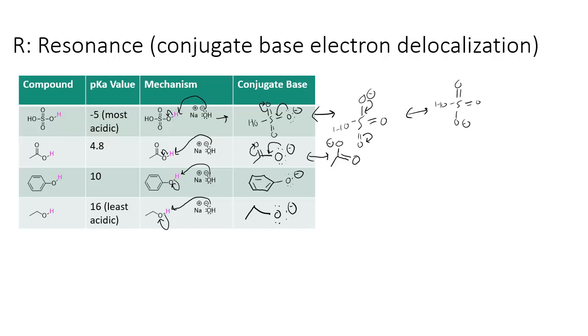This next example is interesting because we actually have the most resonance contributors for this one than the other. So if we look at these electrons, we can move these electrons down here, and since this carbon is not sp3 hybridized, we can move these electrons to here on our ring.